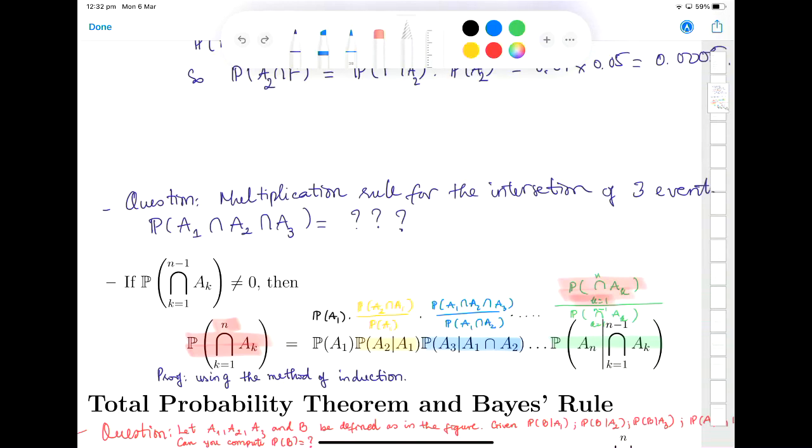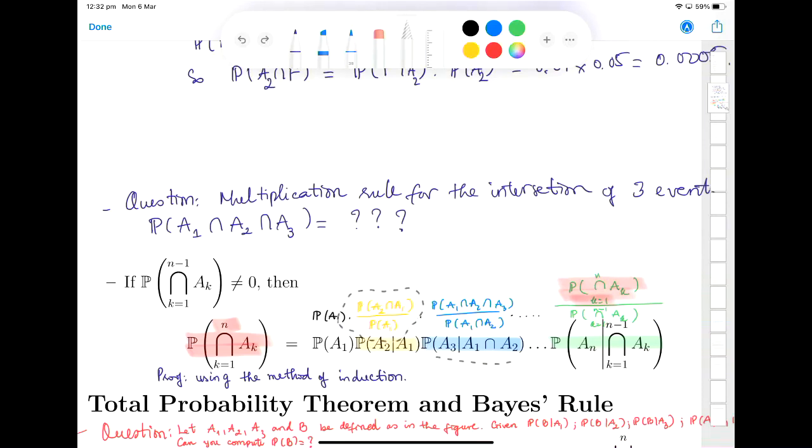To prove this equality, you can just take the right hand side and expand the definitions. The yellow term is the probability of A2 given A1, right? From the definition, it is the probability of A2 intersect with A1 divided by the probability of A1.